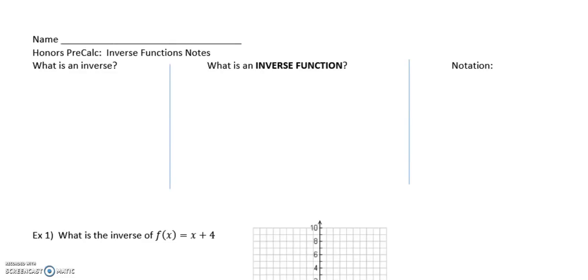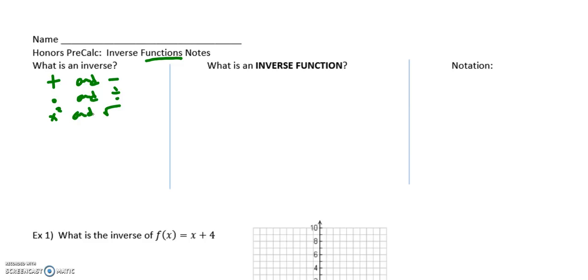Before we start looking at what inverse functions are, let's take just a quick flashback to what inverses are in general. When I talk about inverse operations, I mean things like addition and subtraction, or multiplication and division. Those are the inverse operations that we've talked about. We've seen that x squared and square root are inverses as we've gone through our study of math.